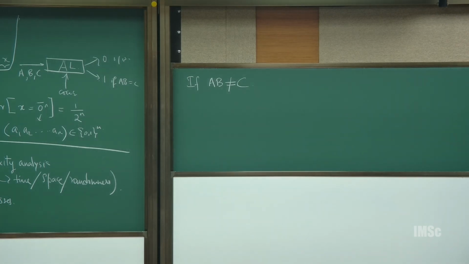If this is not clear, you should ask, because the next thing is going to be much more complicated. Is this okay? This one should be fine. So what if AB is not equal to C? What can you say?